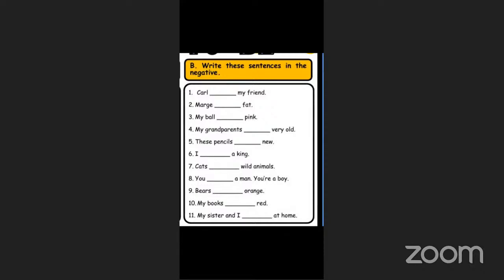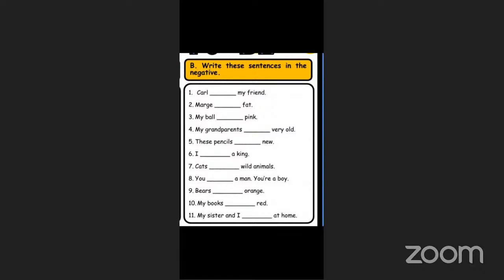Number 10. My books blank red. My books, that's in plural form. So you can use the negative form. My books are not red. The last sentence. My sister and I blank at home.